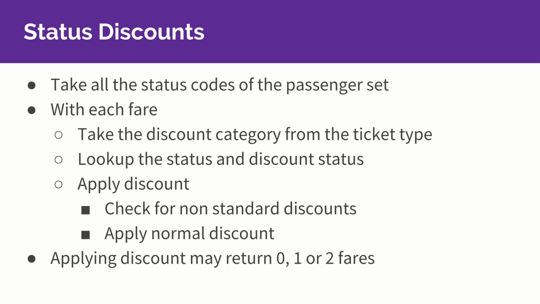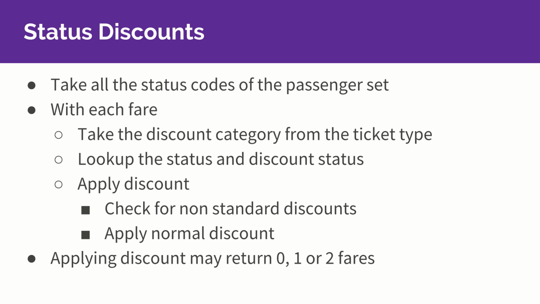If you have 0 fares, that might be because the rail card is not permitted for that ticket type or something like that. You might have 1 if there is just a normal application of the status discount, but sometimes you have 2 if there is a railcard minimum fare. So you would basically have the full price discount and then also the minimum fare discount.